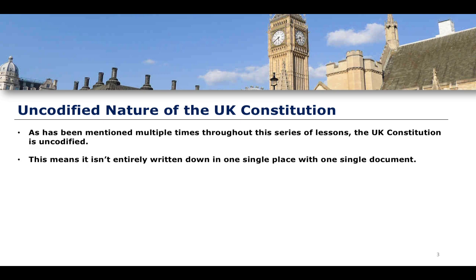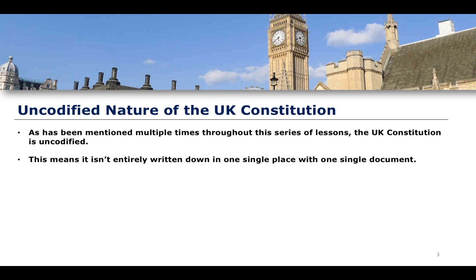Now, some people and even some textbooks like to make this false comparison, in my opinion, between the idea of an uncodified constitution and the idea of an unwritten constitution, arguing that the UK's constitution is an unwritten constitution. I believe that that's a little bit misleading when it comes to explaining how the UK's constitution works.